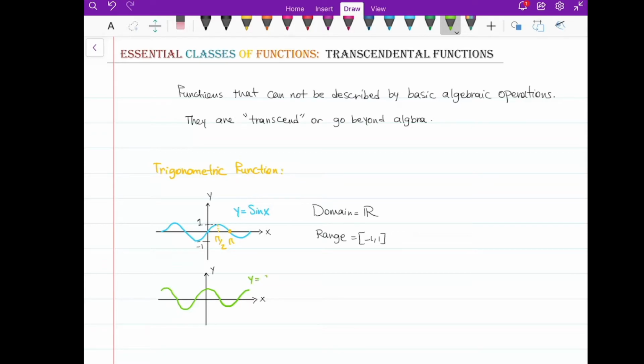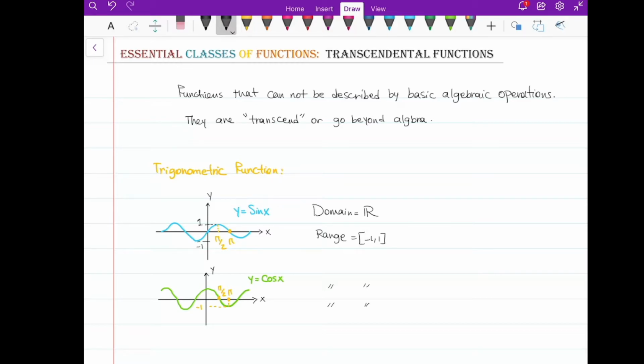So this is y equals cosine of x. So at pi, cosine of x is equal to -1, and at pi over 2 it's equal to 0. And the same thing, the domain and range of this function is R, and the interval between -1 and 1.